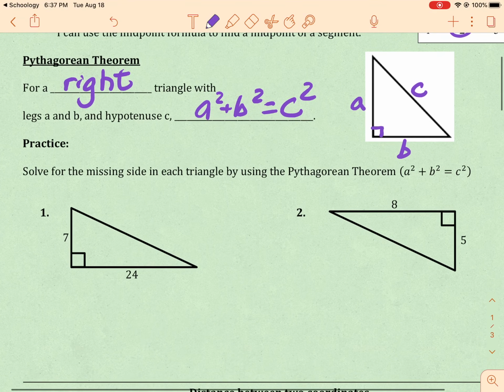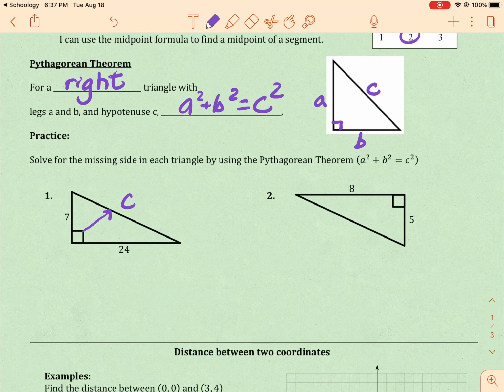Taking a look at the practice problem, there's the right angle. Directly across from it is the side that we're trying to find, so that's our hypotenuse, c. So a squared plus b squared equals c squared. We're taking 7, squaring it, plus 24, squaring it, and setting it equal to c squared.